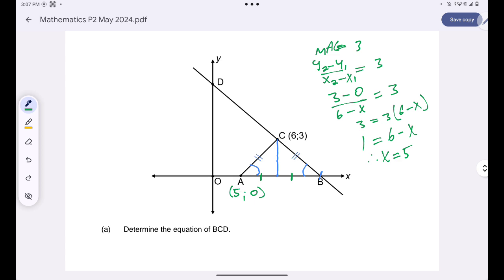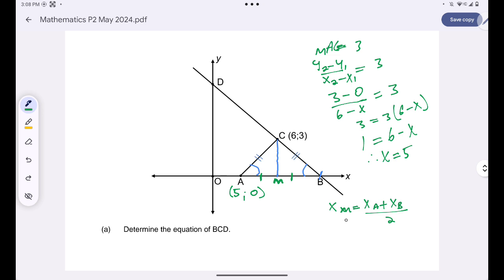And then the only thing I'm left with is to find the coordinates of B. But what do I know? I know that this point here, we can call it M, since it's the midpoint of AB. The x value at M is equal to the x value at A plus the x value at B all over 2, according to the midpoint expression.